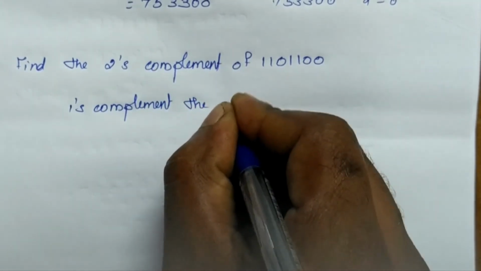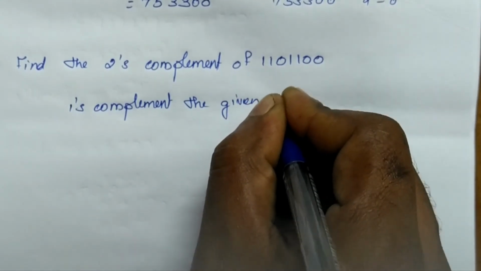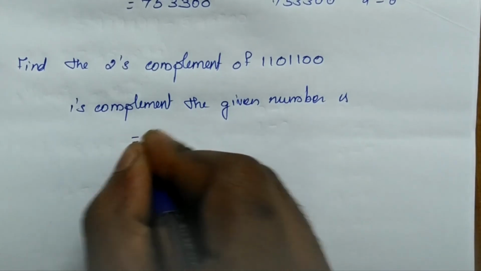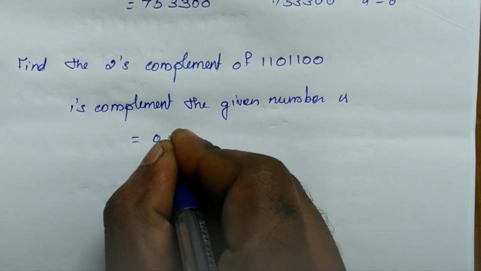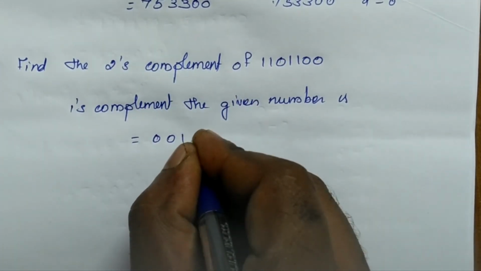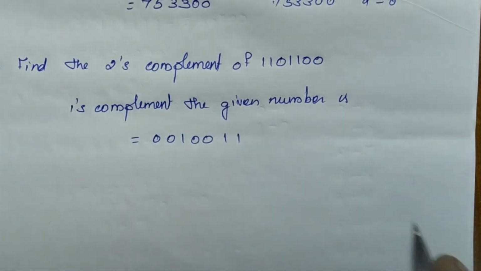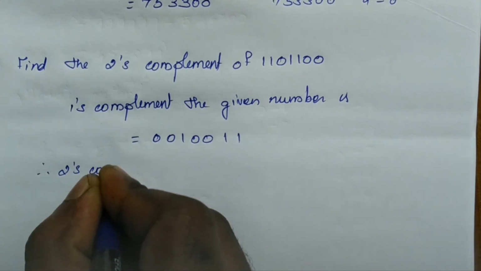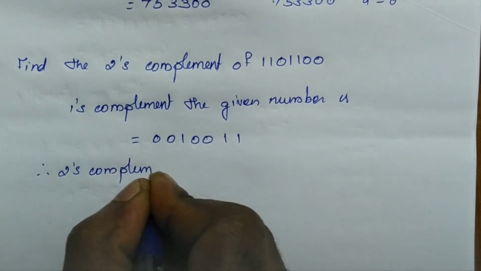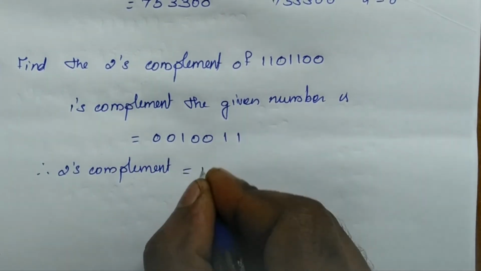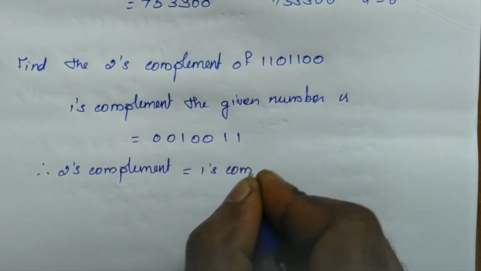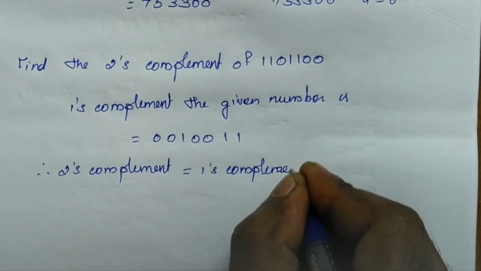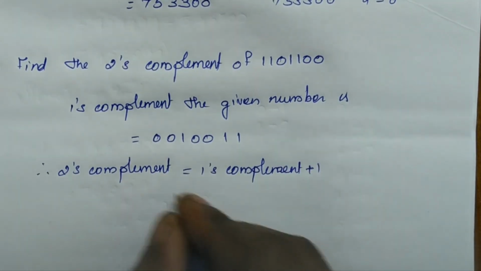is equal to 0 0 1 0 0 1 1. Therefore 2's complement is equal to 1's complement plus 1.